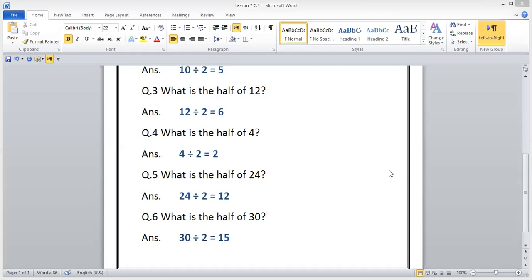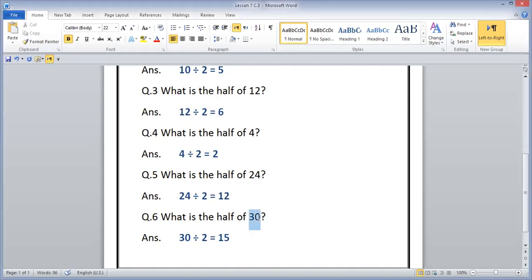Okay, guys. So again, I repeat, whenever you need to find out the half, you will divide that number by 2. When you have to find out the double, you will multiply that number by 2. Let's suppose if I tell you to find out the double of 30, it will be 60 because 30 multiplied by 2 equals to 60.